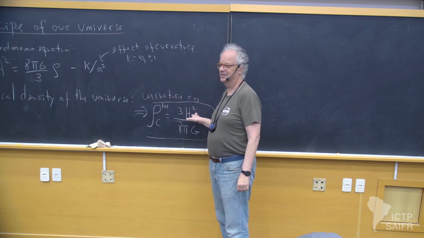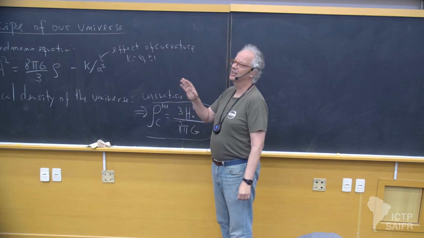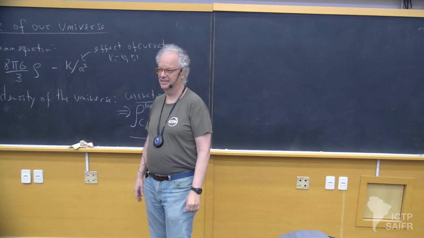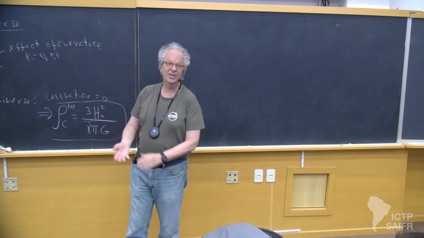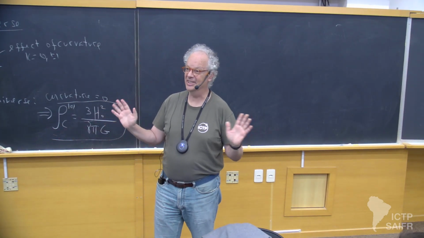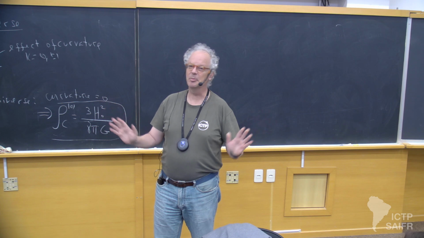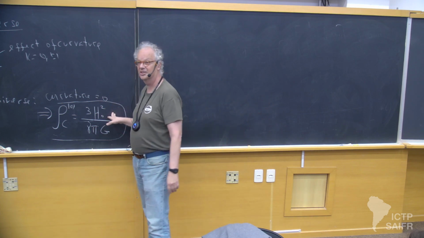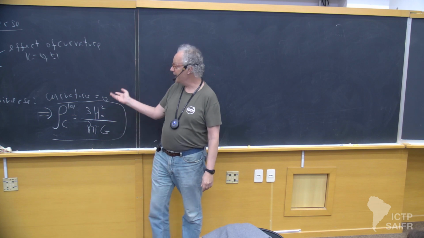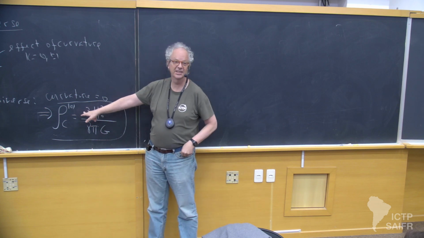We don't have the estimation. We can estimate observationally, but there are lots of uncertainties. And in fact, it was not clear in the past whether the universe had a critical density. So people thought, maybe the universe is not at a critical density. What would happen if the density were smaller than the critical density?